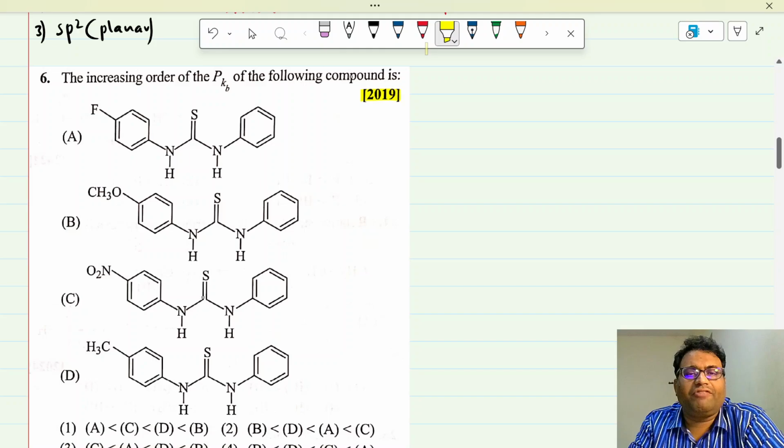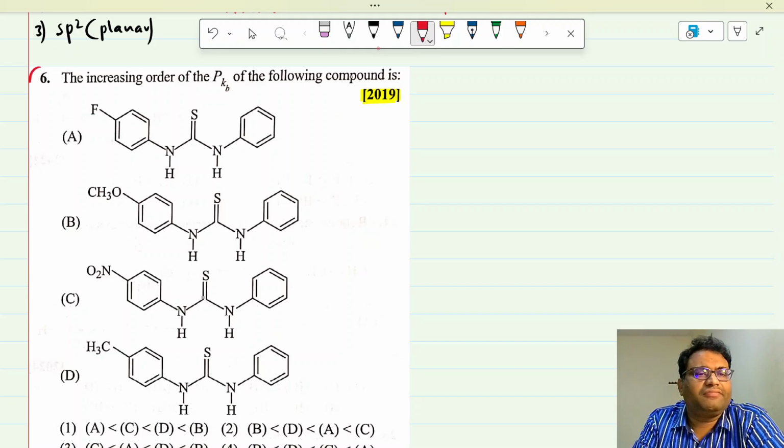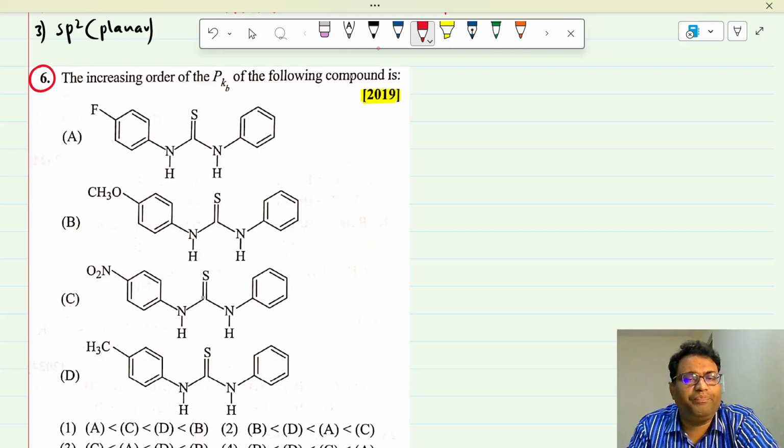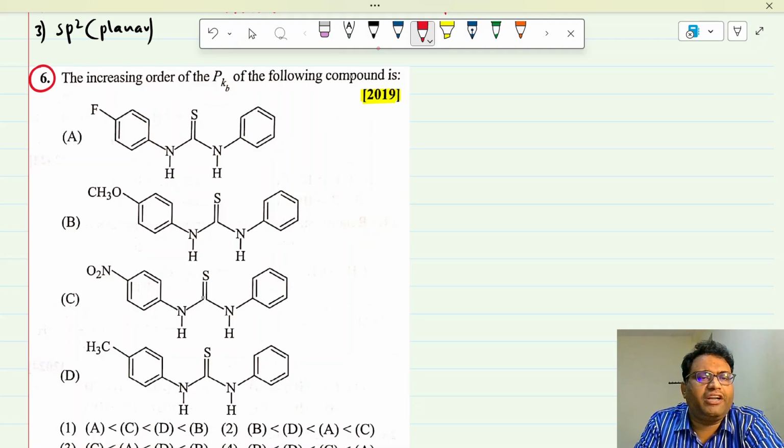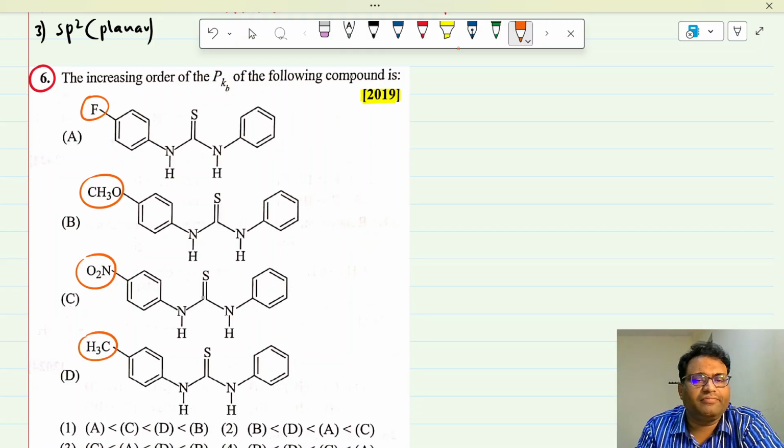When it is given 2019, you can see in the 4 molecules, except for the fluorine, the methoxy, the nitro and the CH3, everything is the same. If you see the molecule on the right side, everything is the same. The only difference is one.